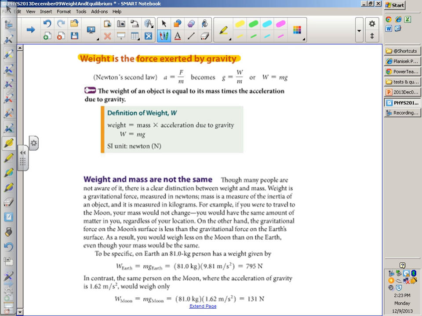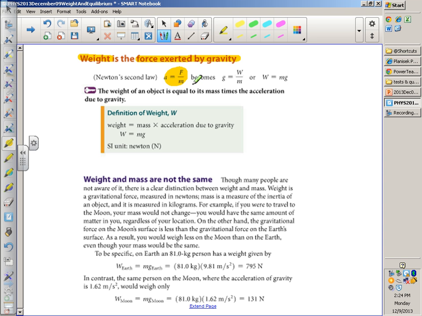In terms of how big of a force gravity exerts on that object, we go back to Newton's second law. Here's Newton's second law, not written in the form that we introduced it earlier. We introduced it as F equals ma, but if you divide both sides by m, you just rearrange the equation and get this.